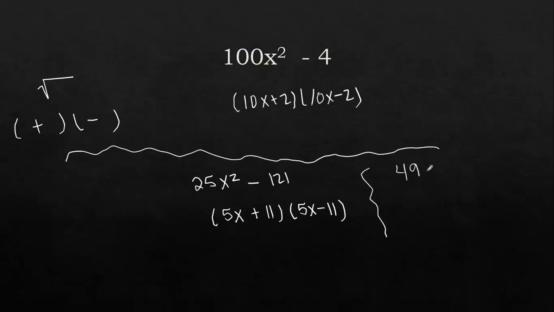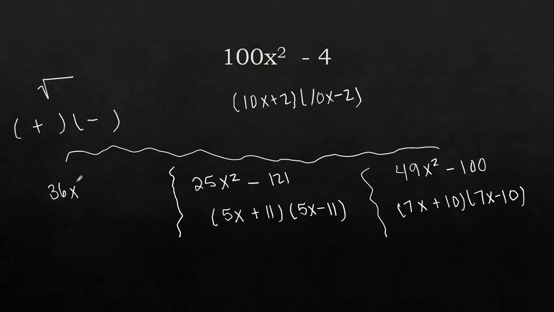This time, Noah can't answer. 7 plus 10, and then 7. Perfect. Beautiful. One more, and I'm done. Plus 30. 6x plus 3, 6x minus. Perfect. Okay, and that's it.